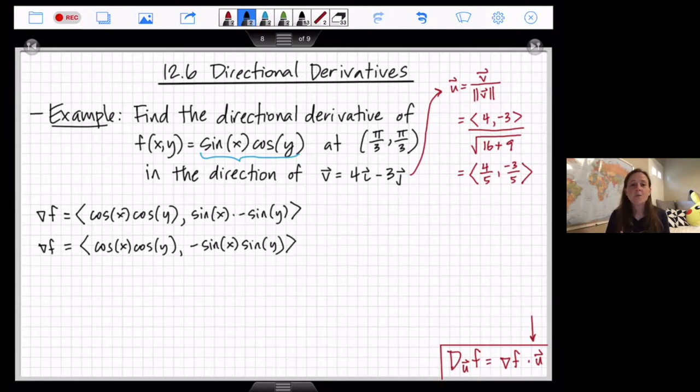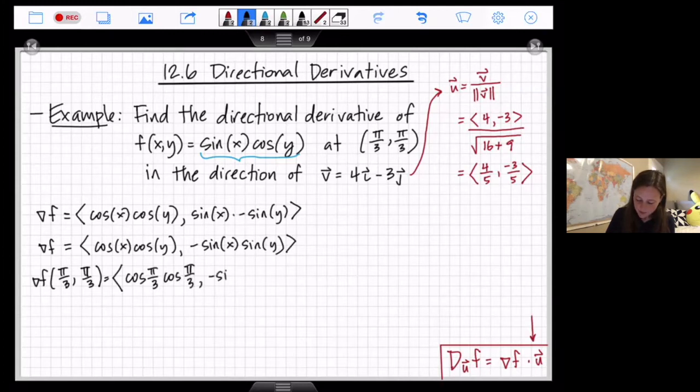We're only interested in what the gradient is doing at the point where x is pi over 3 and y is pi over 3. So let's plug that in to our gradient function. We're going to plug in pi over 3, comma pi over 3. And I get a whole bunch of sines and cosines of pi over 3. So cosine pi over 3 times cosine pi over 3, and then negative sine pi over 3 times sine pi over 3.